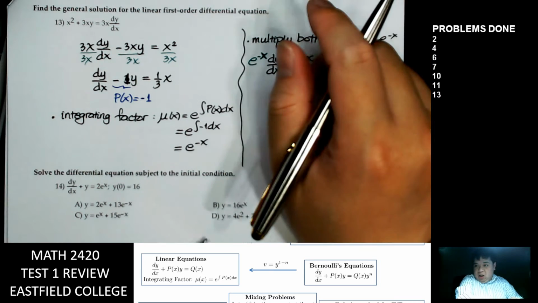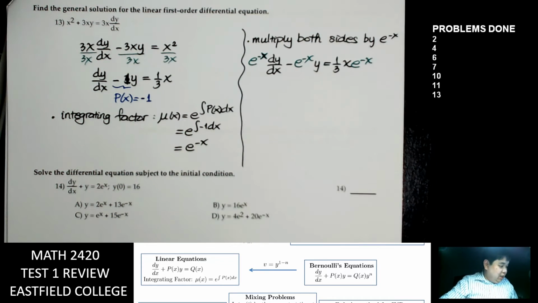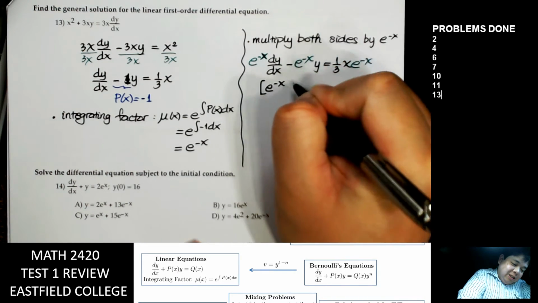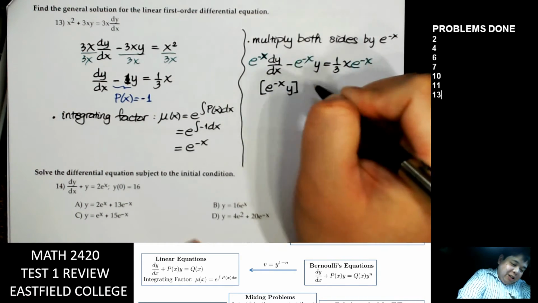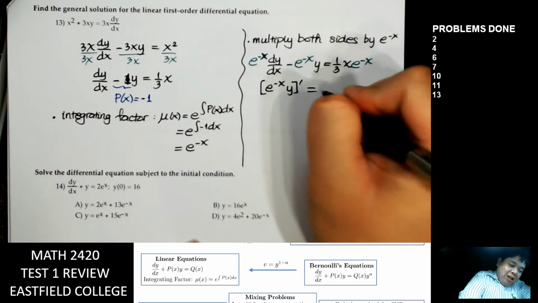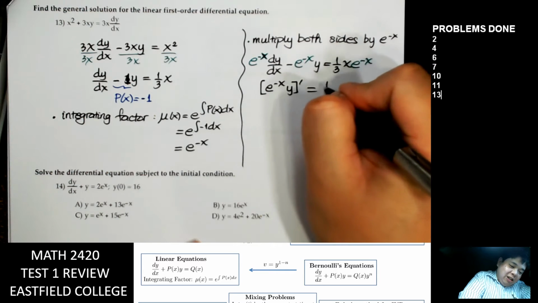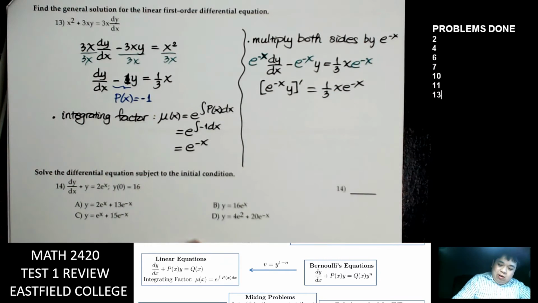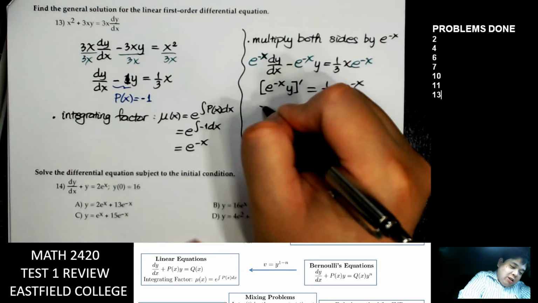It turned out to be a lot more complicated than it should be. Anyway, so the left hand side is the derivative of the product, and the right hand side is 1/3 x e to the negative x. Right. Integrating both sides.